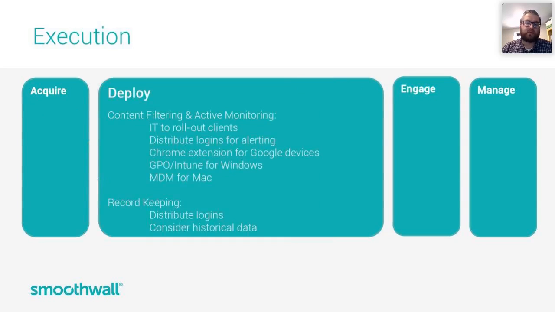So once we've got the devices, we need to deploy the technology onto those. So the first one, we'll combine content filtering and active monitoring because they're basically delivered in the same way. It starts off with IT because IT need to deploy clients onto these devices so that they can filter the network traffic and monitor what's on the screen and what the students are typing.